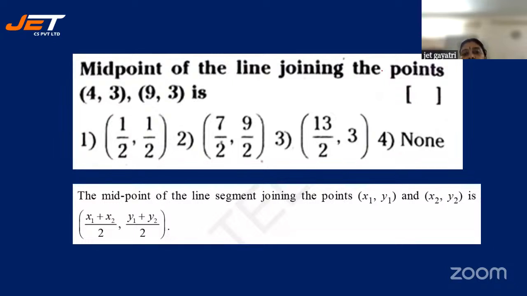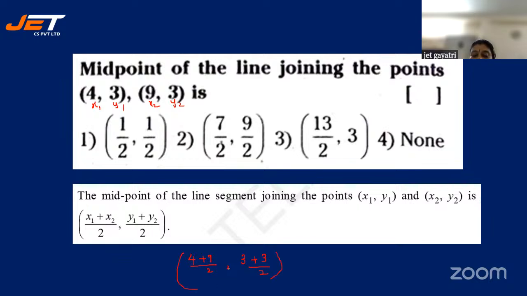Midpoint of the line joining the points 4 comma 3, 9 comma 3 is dash. Okay. Right. See here the midpoints. So here it is x1, y1, x2, y2. So what is the midpoint? x1 plus x2 by 2, comma, y1 plus y2 by 2.